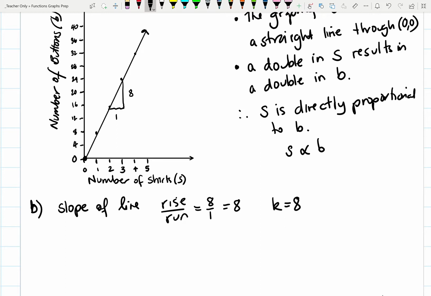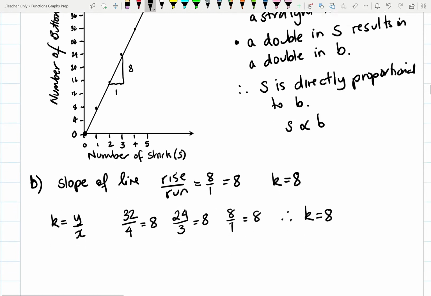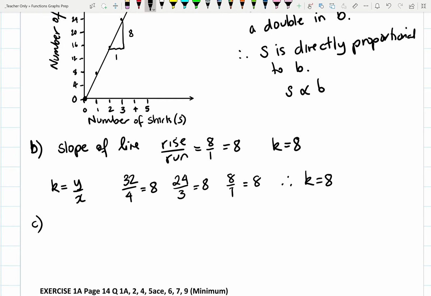The other way is, remember that k equals the y coordinate divided by the x coordinate. So choose any pair. 32 divided by 4 is 8. 24 divided by 3 is 8. 8 divided by 1 is 8, and so on. Therefore, k equals 8.